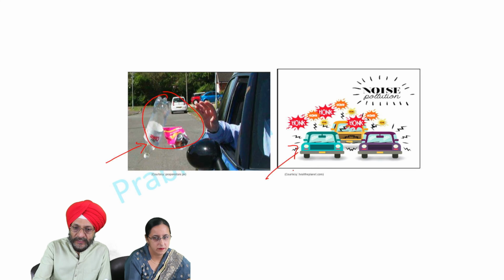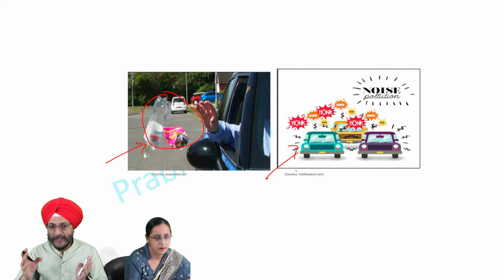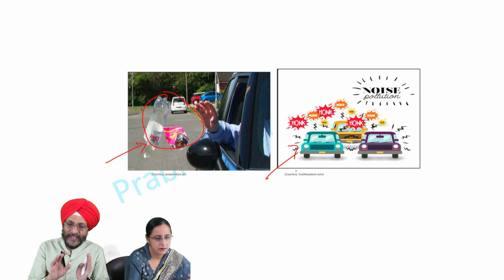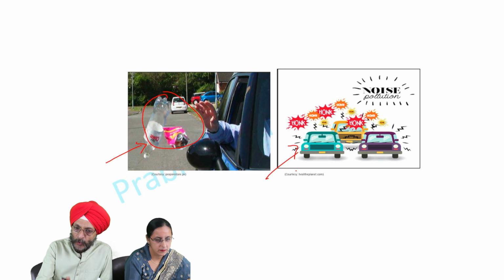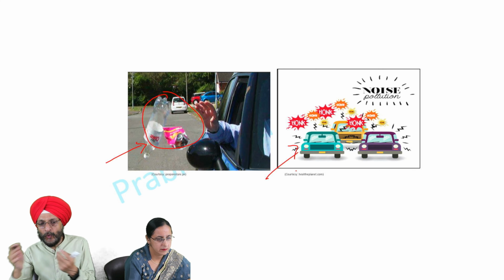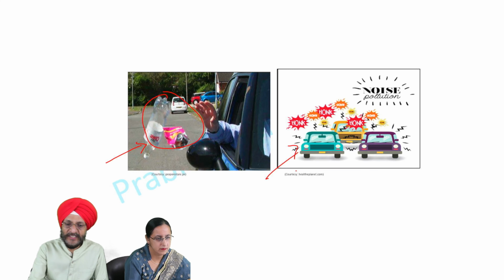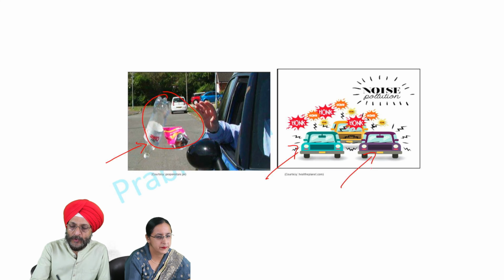You can also see that whenever there is a traffic jam, some persons like to place their hand only on the horn. There is also a tendency on the part of some individuals that whenever they purchase some new car, they would like to show off in public. This type of noise pollution is also harmful for the general public, especially when we pass through a nearby hospital.